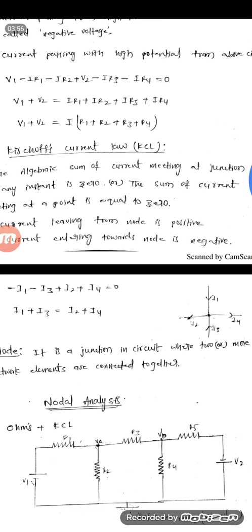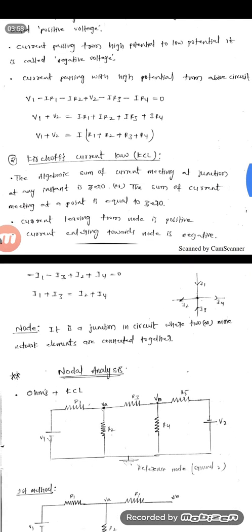Next, KCL. The algebraic sum of currents meeting at a junction at any instant is 0, or the sum of currents meeting at a point is equal to 0.